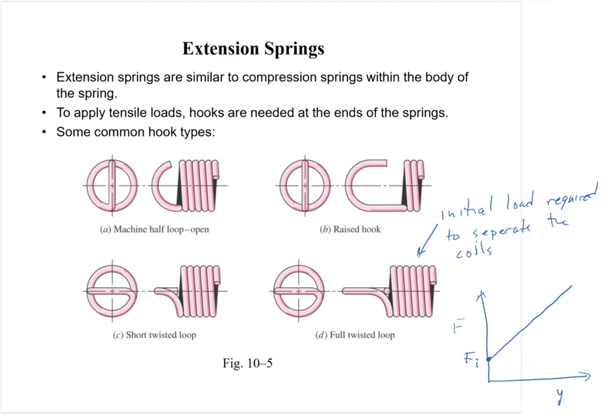So all the other equations or stiffness plots in the book have you starting here, but in this case with these extension springs, often there's a pre-amount of force required to separate them.